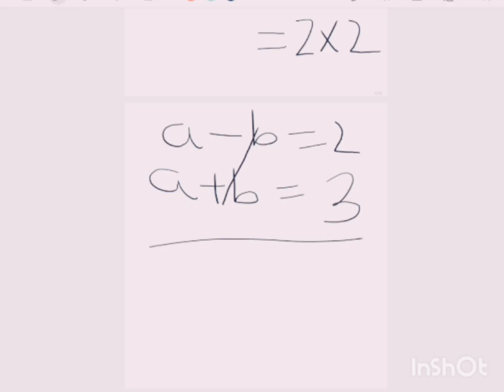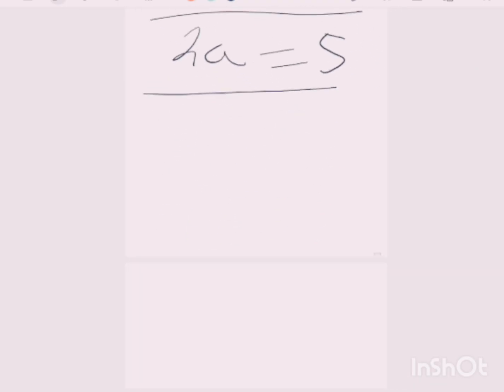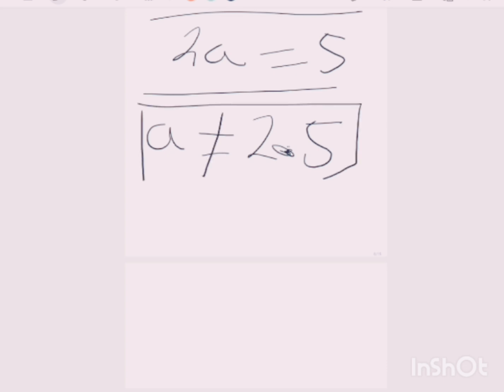Now here −b plus b will get cancelled, so 2a will be equal to 5 and a will be equal to 5/2, which is 2.5. Here it is a decimal, so a should not be 2.5, so this answer will get rejected.